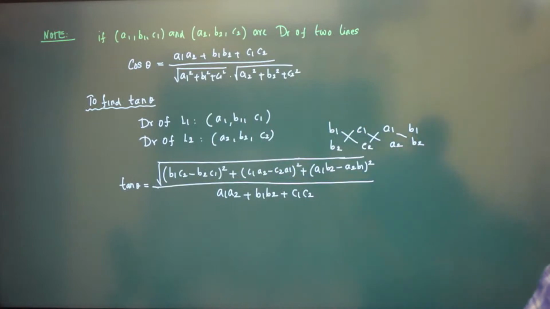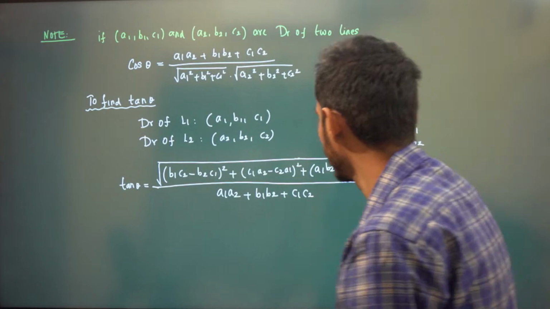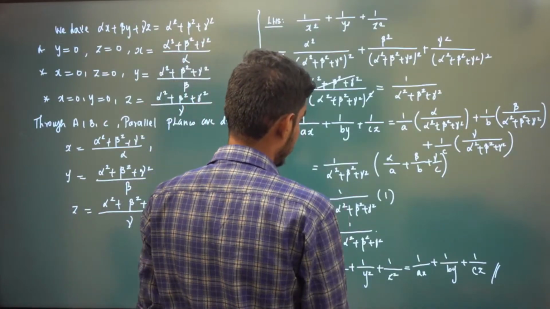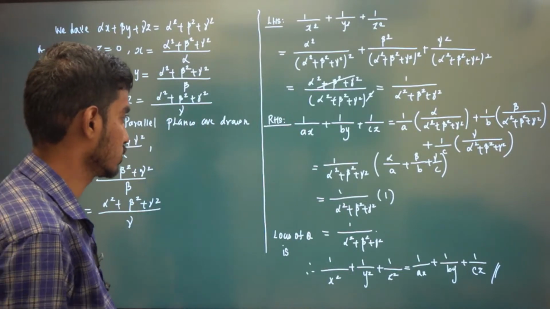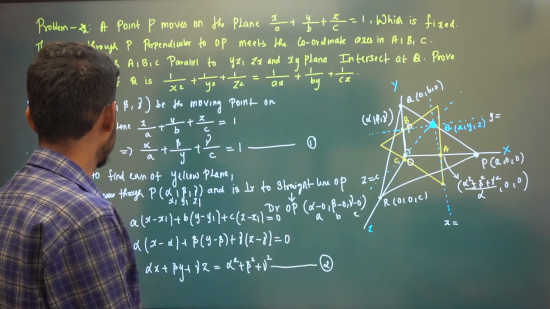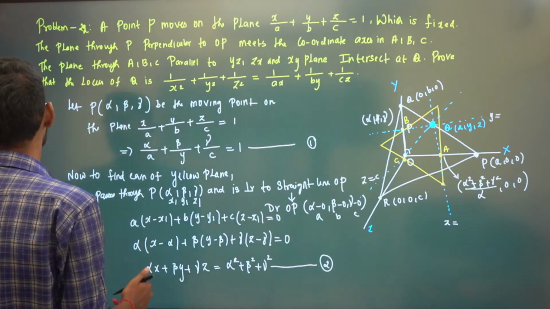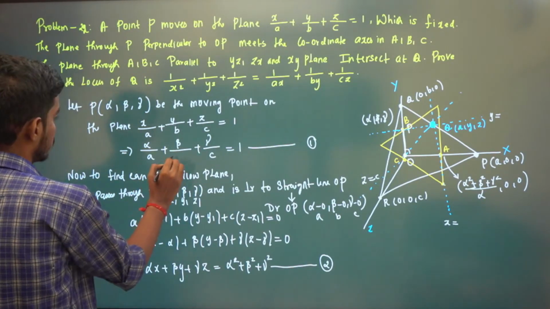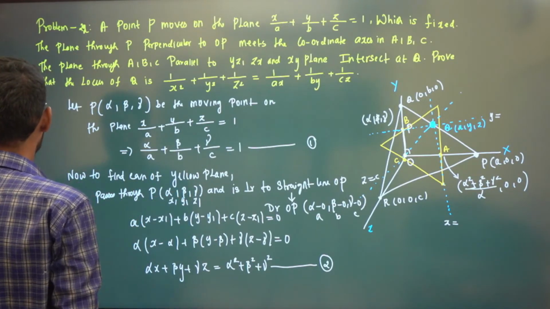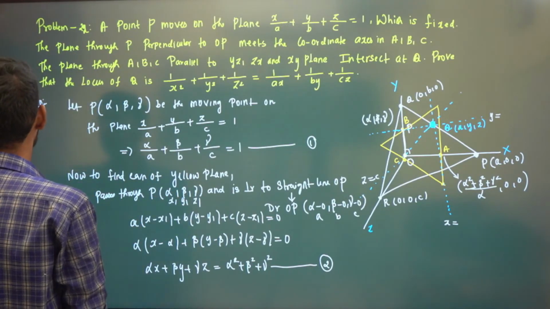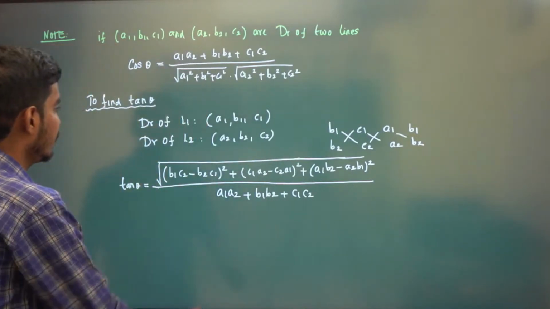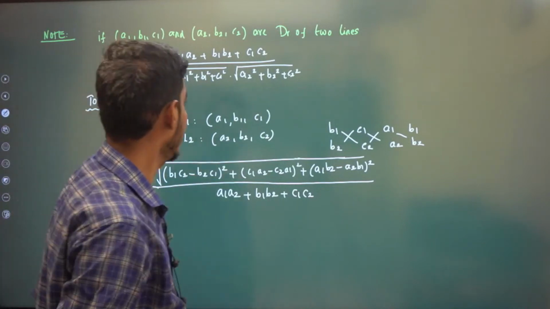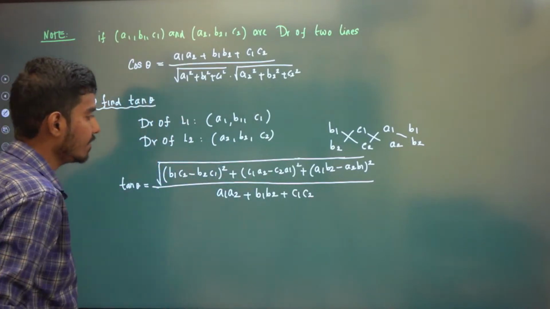This is a very important concept: if you know the direction ratios of two lines and if you know cos theta, tan theta will be given by this formula.